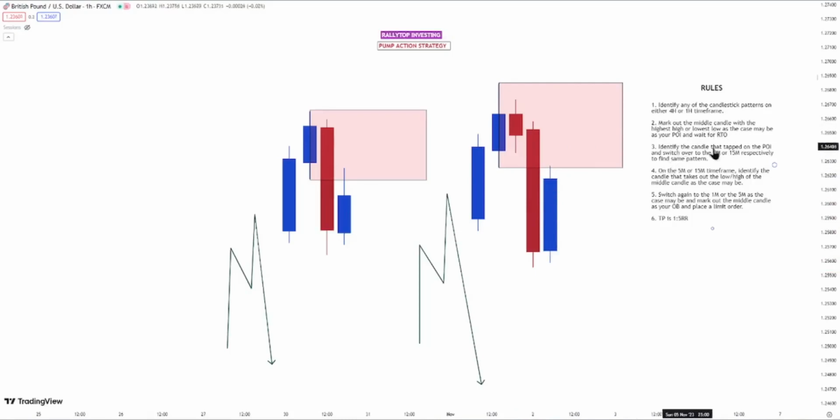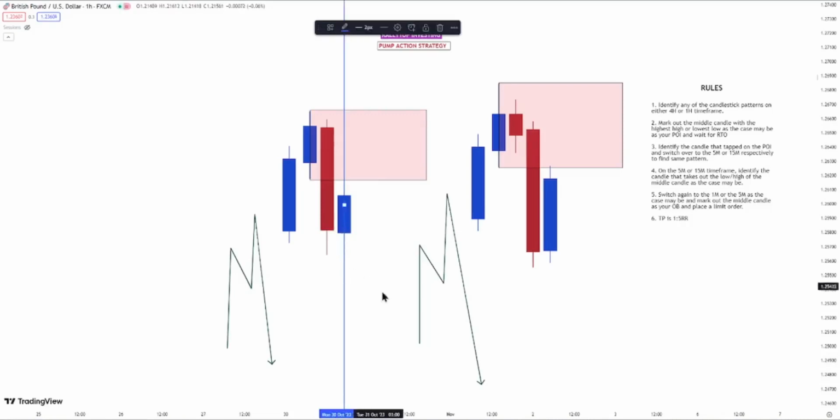Rule 3, identify the candle that tapped on the POI and switch over to the 5M or 15M respectively to find the same pattern. That is, you want to see this same pattern on your 5M or 15M, depending on the higher time frame that you choose. It says mark out that candle that tapped. So you could use the vertical line tool on your TradingView to mark this out.